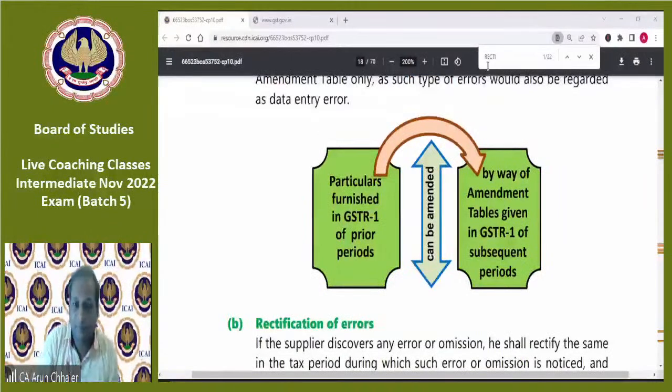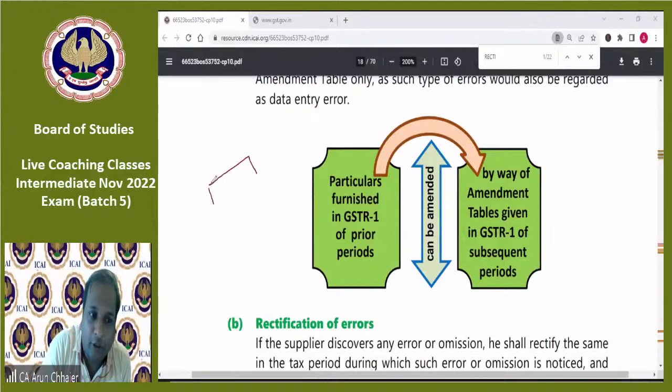Say, for example, I'm talking about GSTR1 table 9A. They are talking about the first two things: give the financial year for which you would like to make the amendment and select the invoice number.